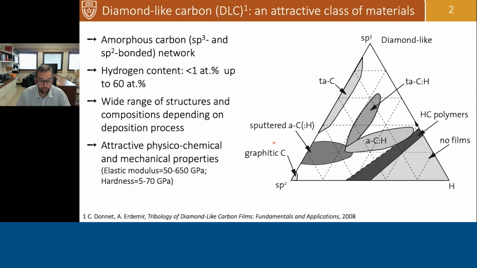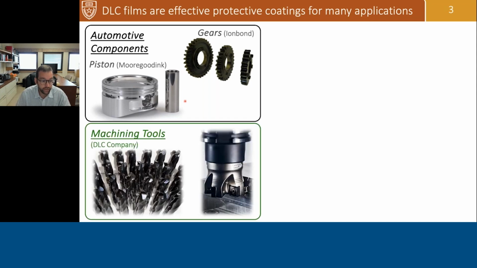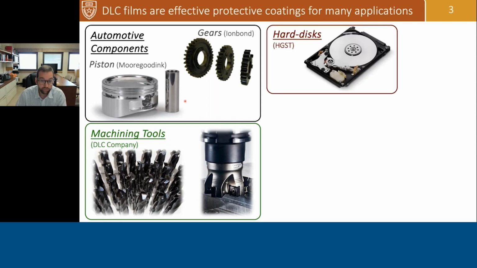chemical, and mechanical properties. Because of the tunability of these properties, DLC materials have been successfully used in a range of applications, including as wear-resistant coatings for automotive components such as gears and camshafts, as well as coatings for machining tools, as well as ultra-thin films for hard disk drives.